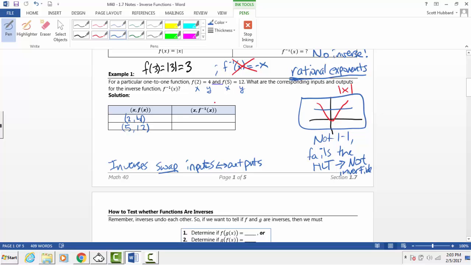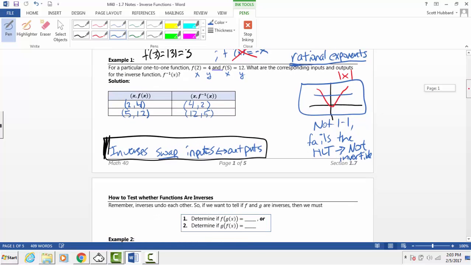When we have a function and its inverse, all the inverse does is literally flip these, so the new coordinate pair would be 4, 2, and this one would be 12, 5. That's real important. Maybe this example wasn't the best at explaining that, but what inverses do is swap inputs and outputs. We're going to be using that a lot.